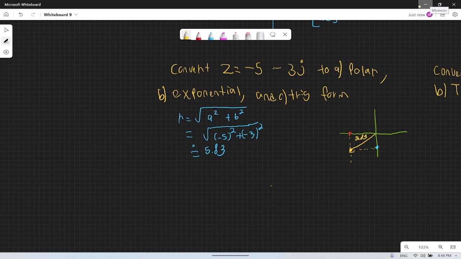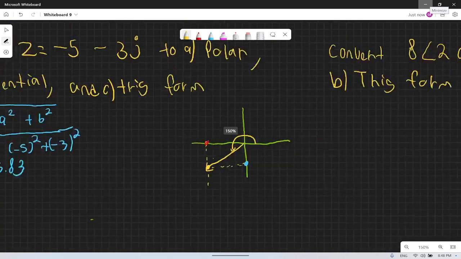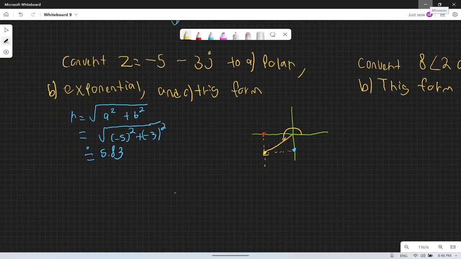And now we need to find this angle here. We can use our tan in order to find this. So the inverse of tan of b over a will give us the angle.